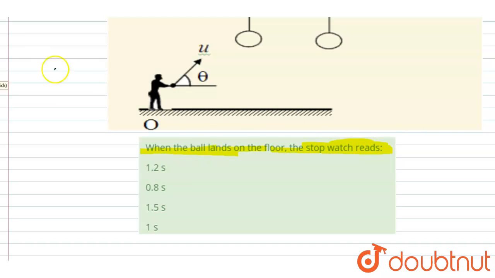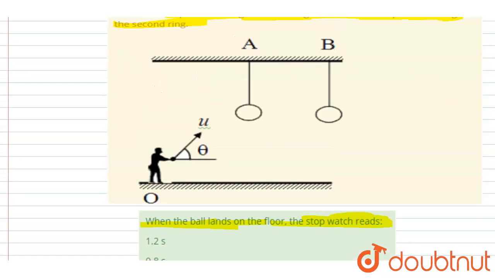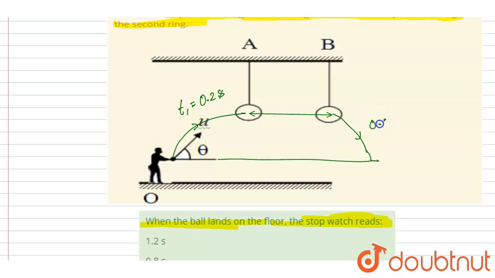You can see here that these two points are at the same horizontal level. As we have already discussed in the earlier part, the time to reach from here to here is 0.2 seconds, which is the same as the time for the particle to reach the same horizontal level, that is 0.2 seconds.